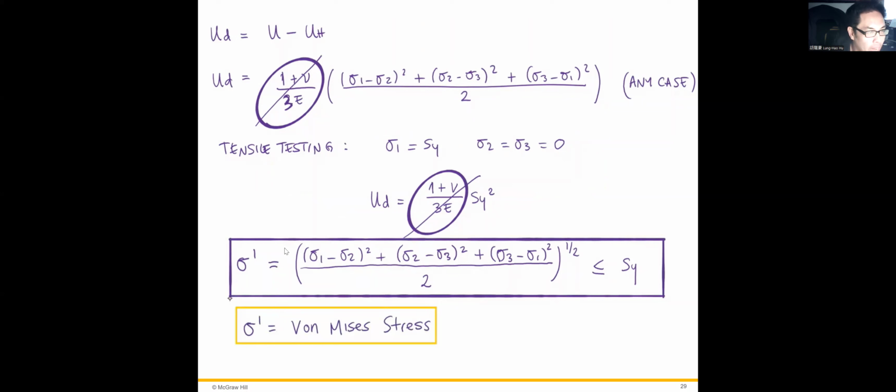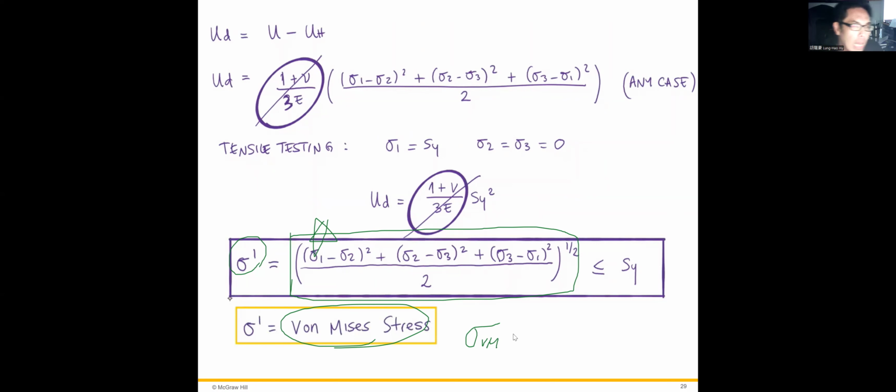And then we define this term. This is what we get from the previous slide, the distortion energy method. We define this term as sigma prime, which is what we know as the von Mises stress, or some textbooks will write it as sigma VM like this.